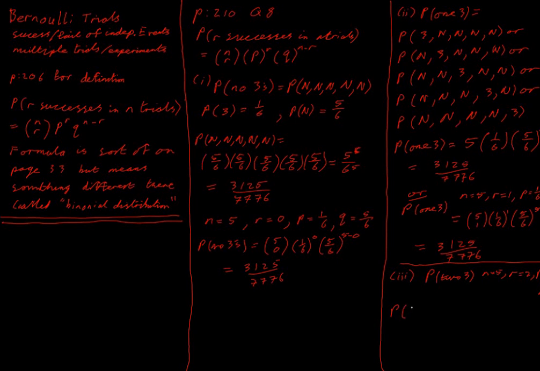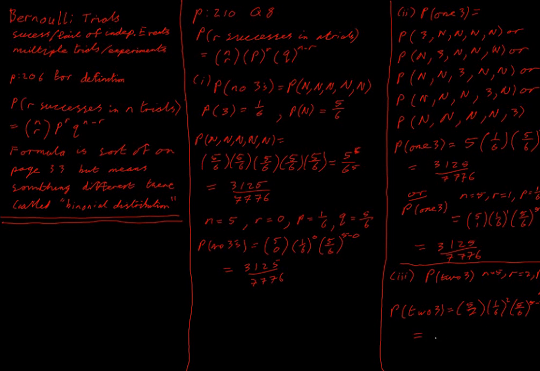So probability of getting 2 3s is going to be 5 choose 2 on 1/6 to the power of 2 for 2 successes, and 5/6 to the power of 5 minus 2.